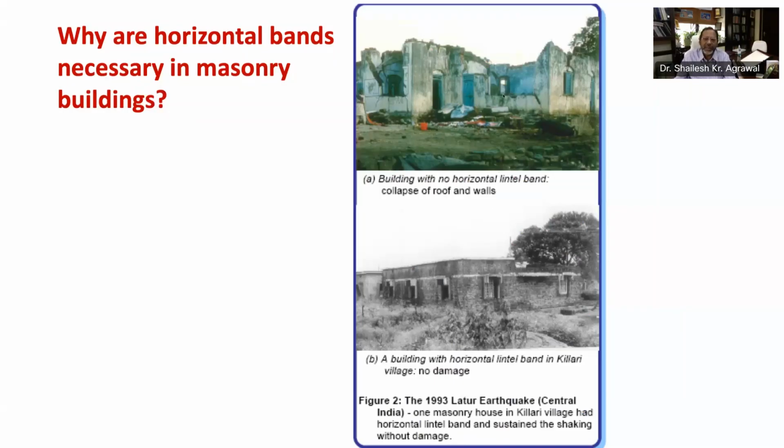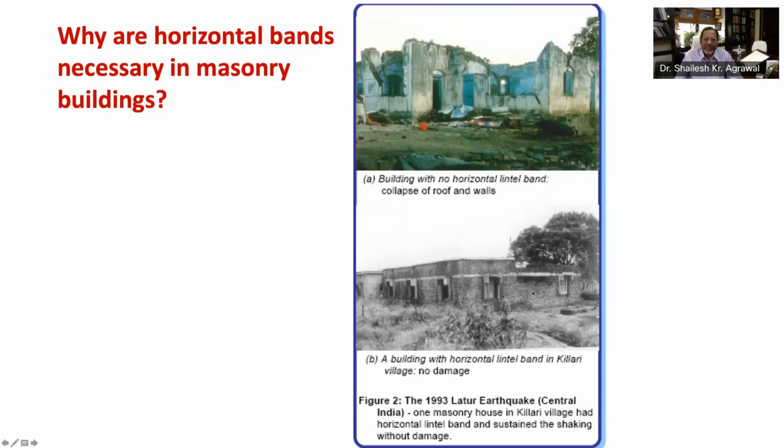As you can see in this figure 2A, during the 1993 Latur earthquake of central India, the intensity of shaking in Khilari village was 9 on MSK scale, and most masonry houses sustained partial or complete collapse due to absence of lintel band.